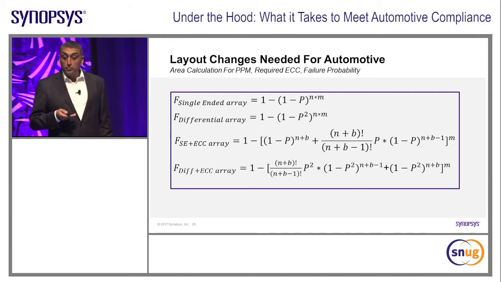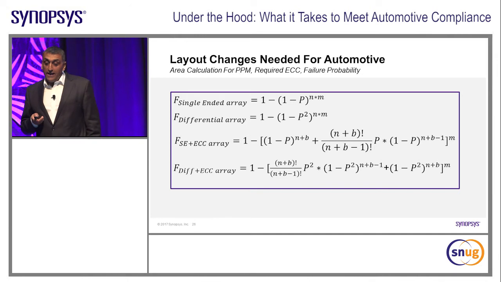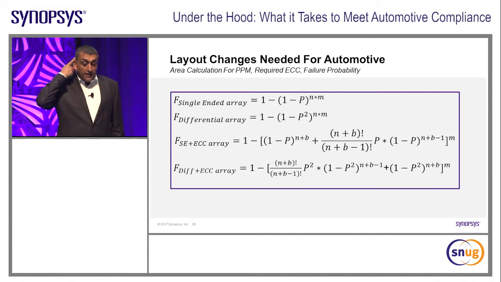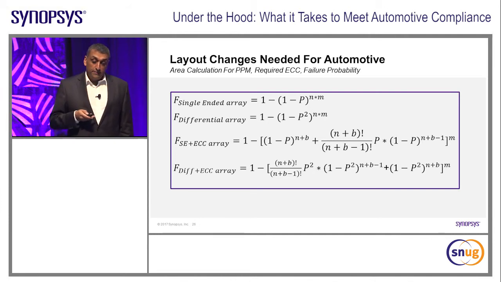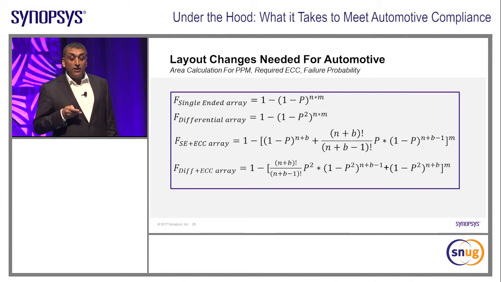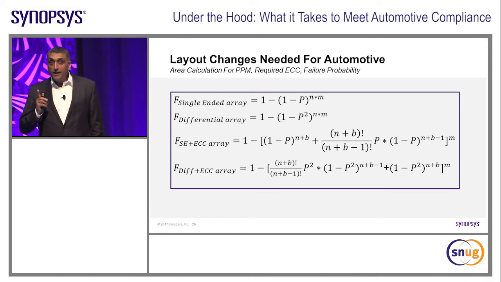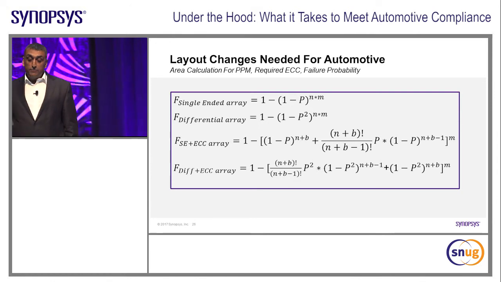P represents the probability that a single floating gate fails. N represents the number of bits per word. M represents the number of rows. And B represents the number of error correction codes per word, okay? So this is an area calculation for ppm. What we're targeting is 1 ppm to meet automotive compliance for this particular layout.